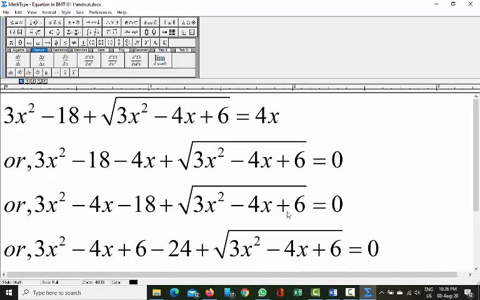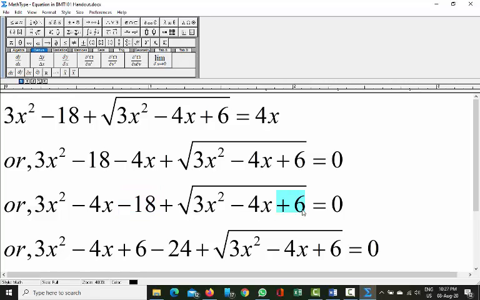is equal to 0. So now, here inside the root we have 3x square minus 4x plus 6, right? And here also we have 3x square minus 4x, but here we have minus 18, whereas we have plus 6 there.